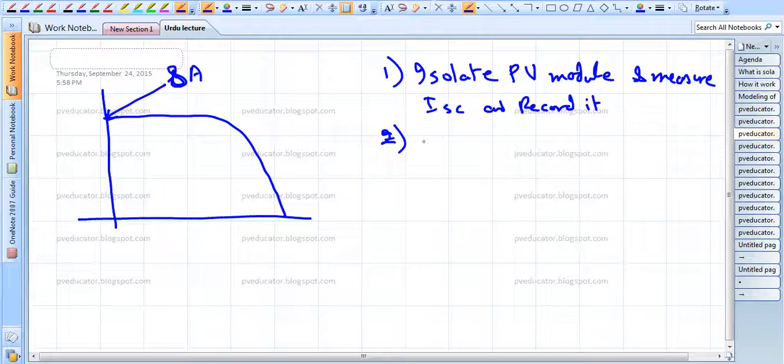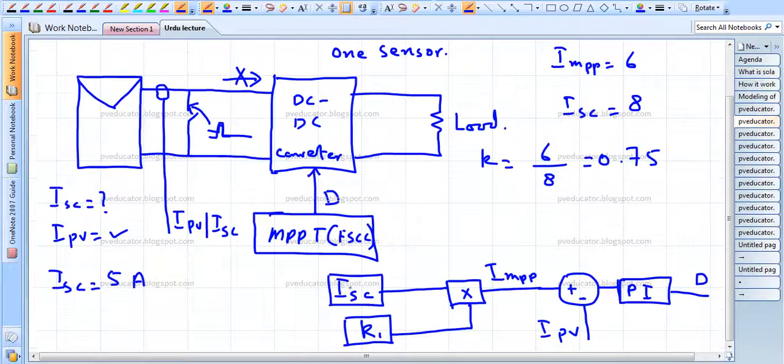After this, 8 ampere will be multiplied with this K1. This K is usually from 0.75 to 0.9, and for better modules it is close to 0.9. So by multiplying, it will give us this MPP.